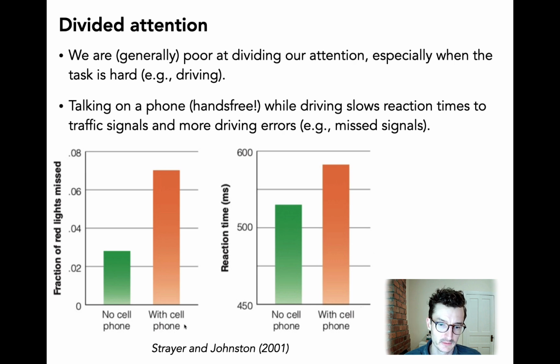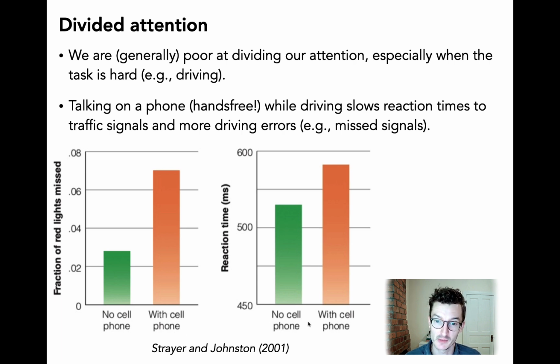In this study, they looked at the fraction of red lights missed in situations where people weren't talking on their phone versus situations where they were. And participants were twice as likely to miss a red light, so potentially go through a red light, while talking on their phone. And again, this includes hands-free phone talking while driving. So don't talk on your phone while driving.